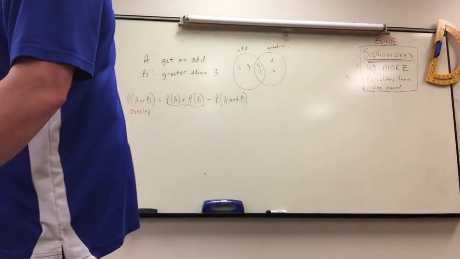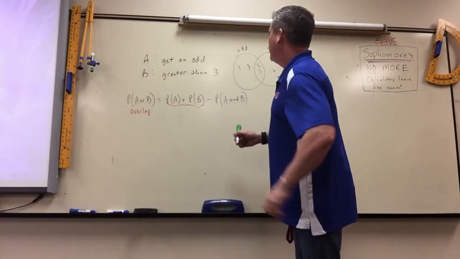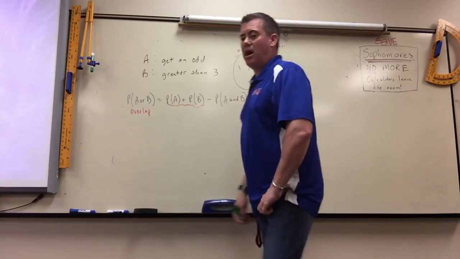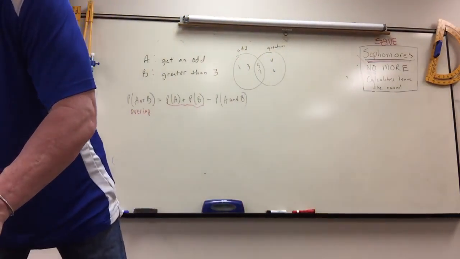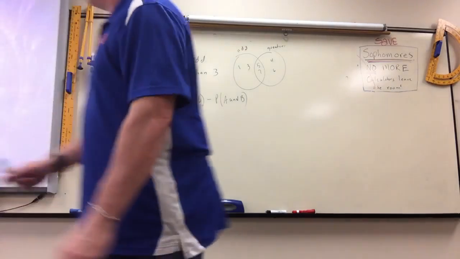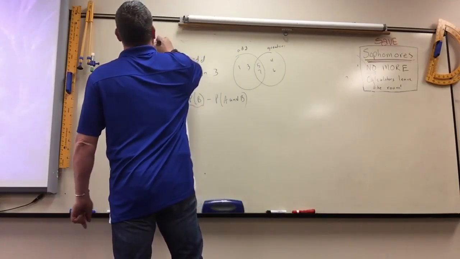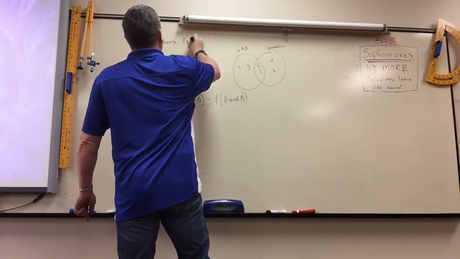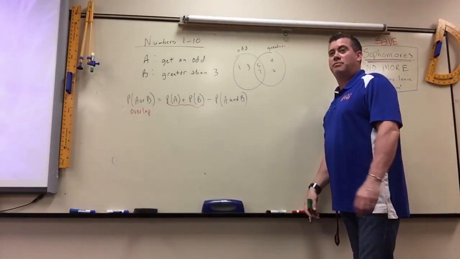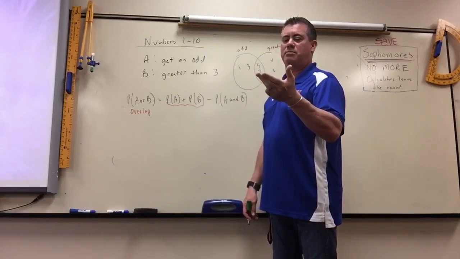So, the probability of A, getting an odd number, and we'll just do 1 through 10. So what's the probability of getting an odd? 5, right? 1, 3, 5, 7, 9.